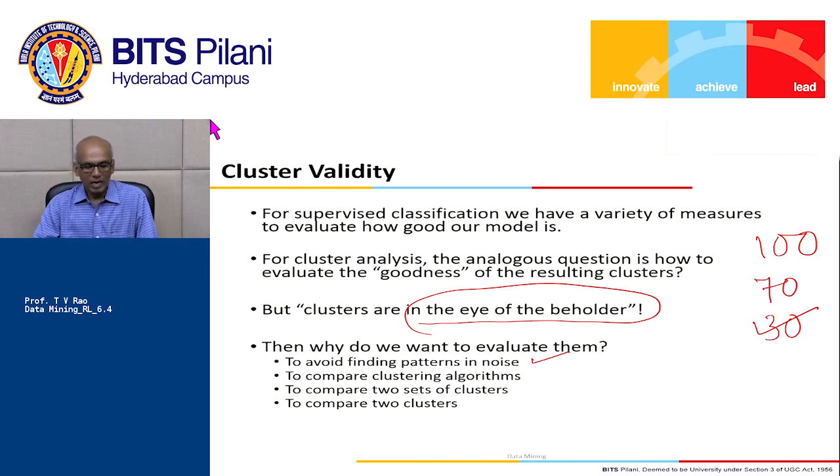We may also compare sets of clusters and draw a conclusion, or look at two clusters and see how they look. One cluster may be too small compared to the other, or it may be representing a different level of density compared to the other cluster. That will help us understand whether the cluster analysis algorithm that we used is giving us good results.